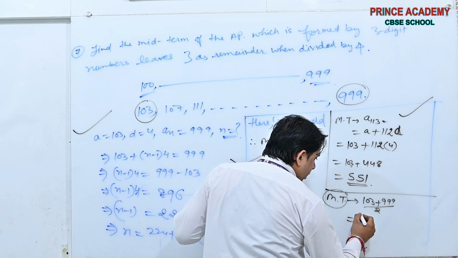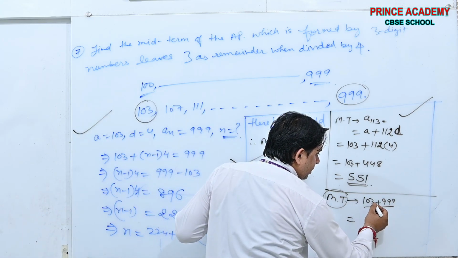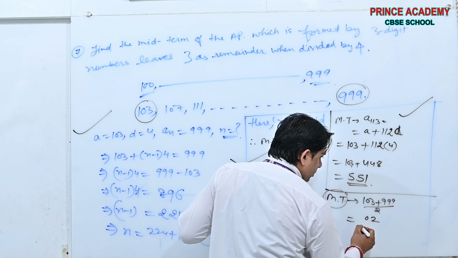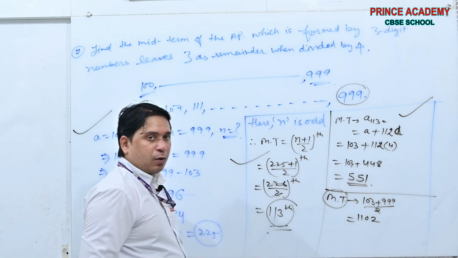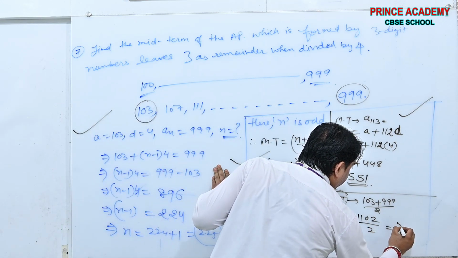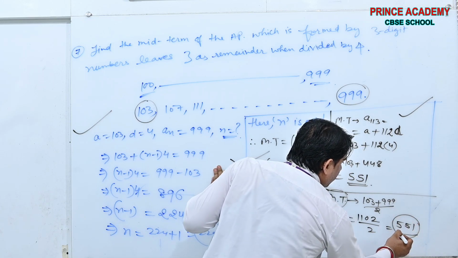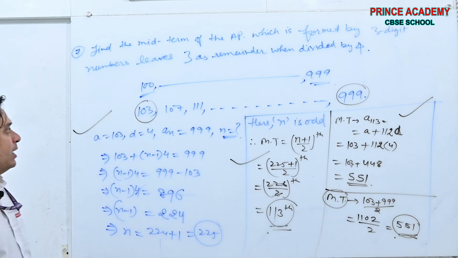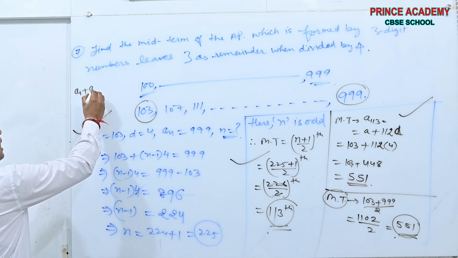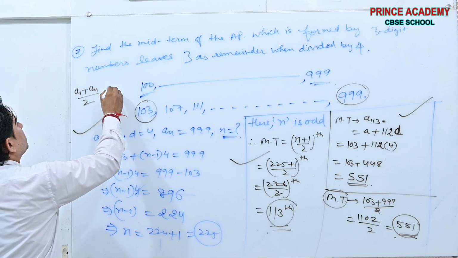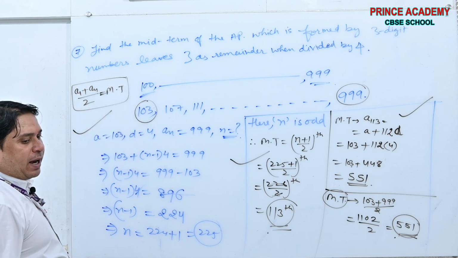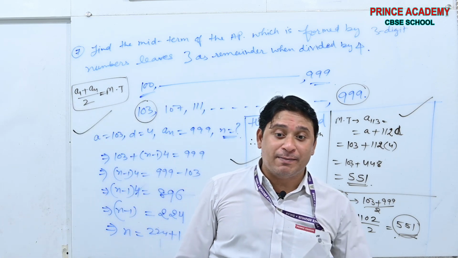It will be 103 plus 1003, 1106. Okay, divide by 2, 553, yes or no? You got my point? Directly you can find the middle term as first term plus last term divided by 2. This is the short method.